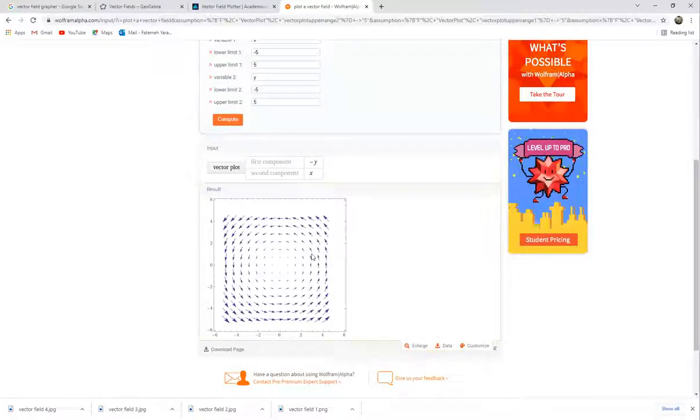It seems like we have a rotational vector field. It starts rotating like a fan. Remember the graph of a fan, or some part of the hurricane.